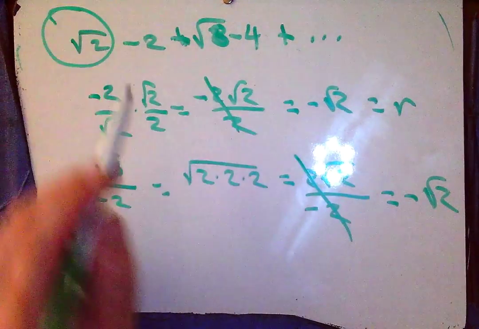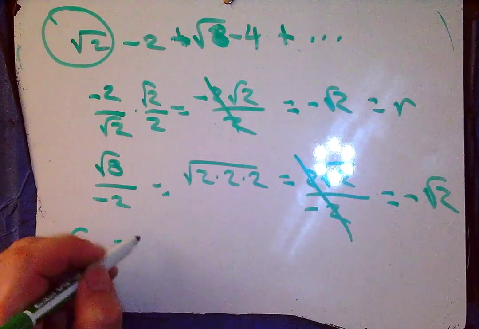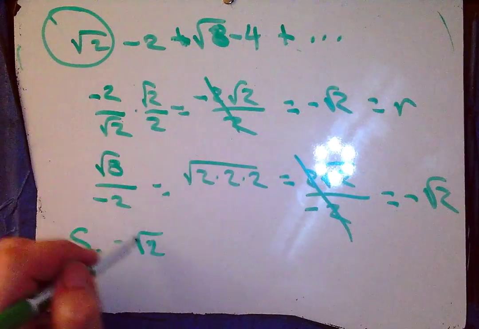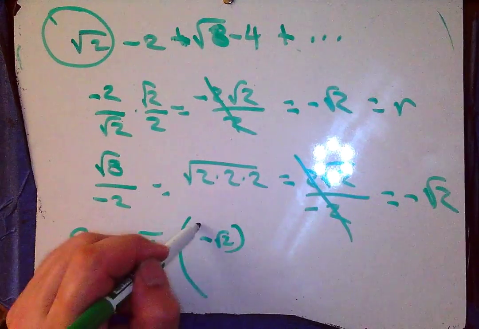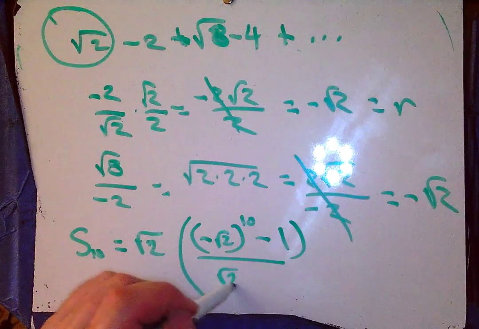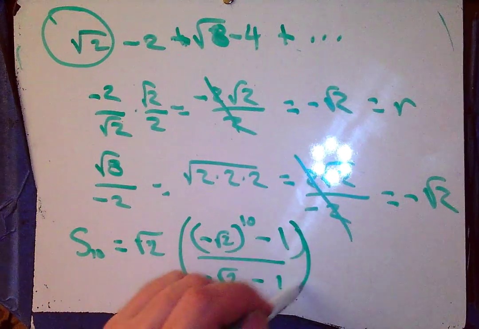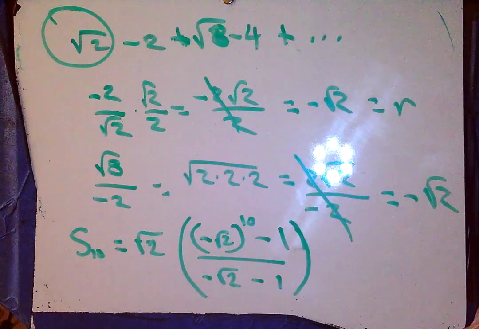We see a sub 1 over here, and so the sum of 10 things would be square root of 2, that's a sub 1. We have our r value, -√2 to the 10th minus 1 over -√2 minus 1. All right, and then when I do that on the calculator, negative square root of 2, and I'm actually going to store that because I think I need that again.